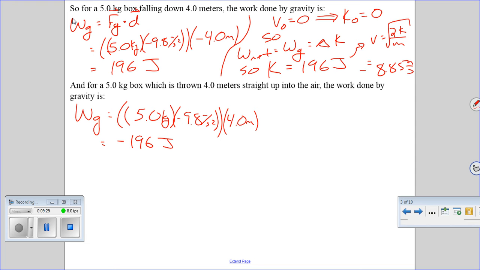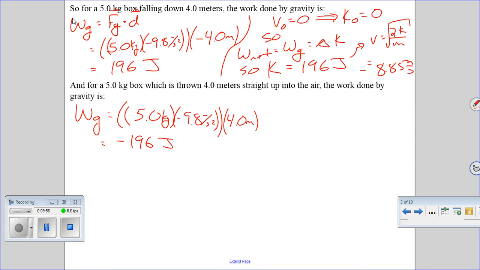Which makes sense, because as it goes up, it's going to lose 196 joules of kinetic energy. Follow? So that means we must have started with a kinetic energy of 196. So we started with a velocity of 8.85, and then the velocity decreased down to 0. Cool?